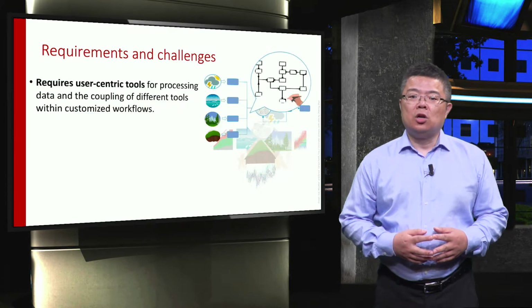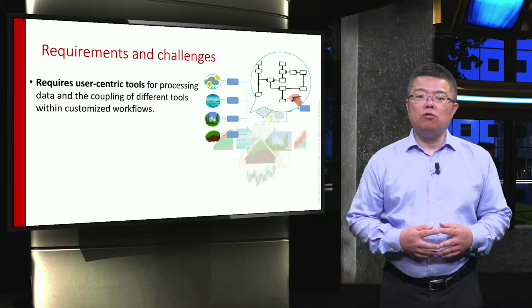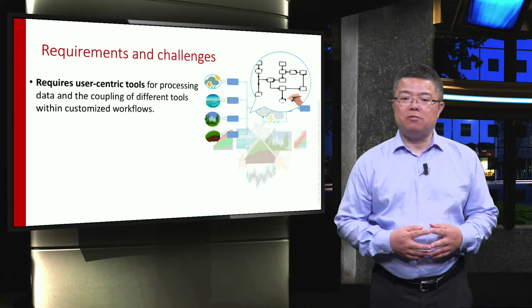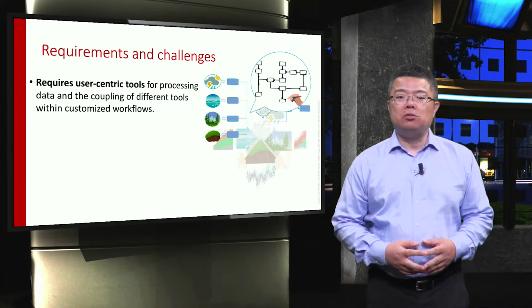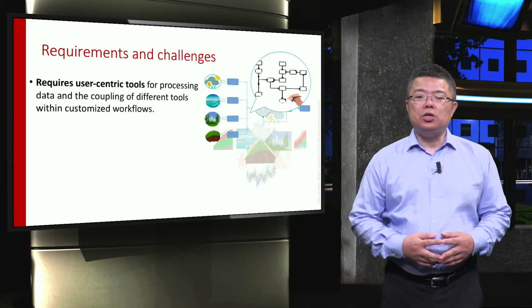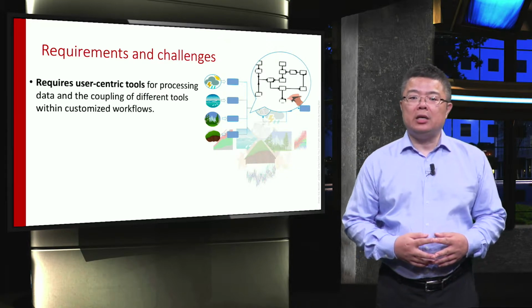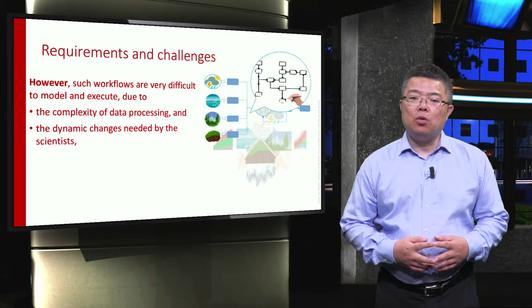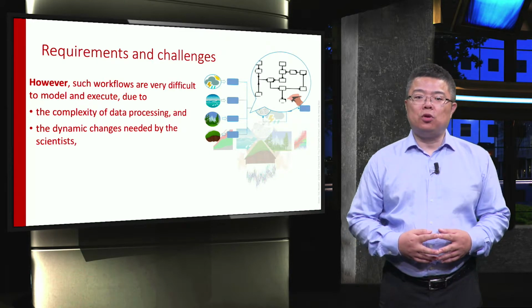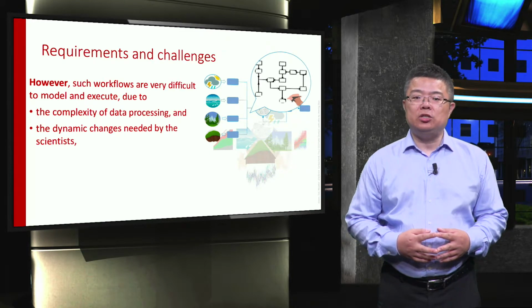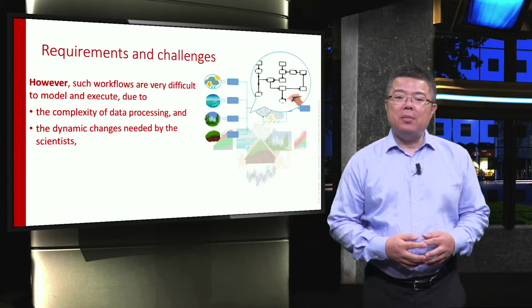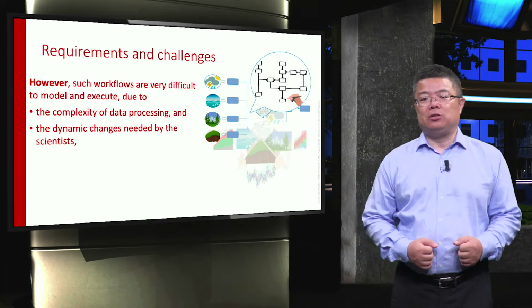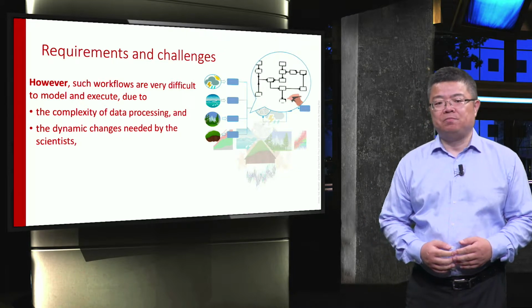Third, cross-domain experiments often involve complex data processing workflows, which require flexible integration of software components and tools to implement the data pipeline required by each experiment. However, the complexity of data processing, as well as the dynamic changes needed by the scientists as they explore possibilities, make such workflows very difficult to model and execute.